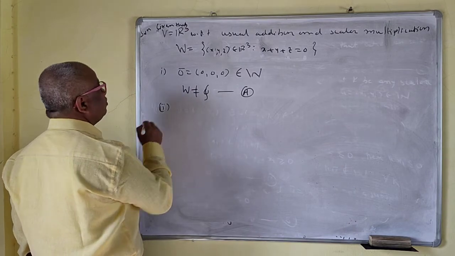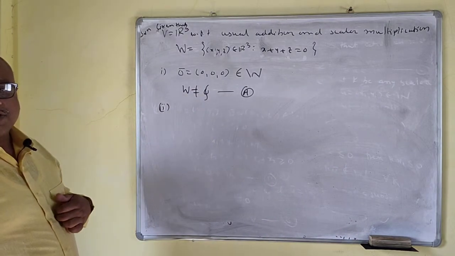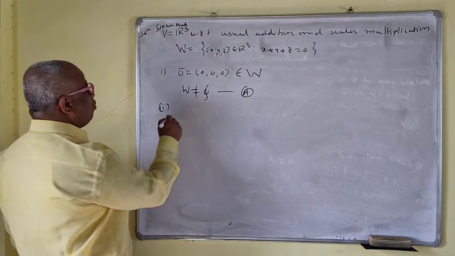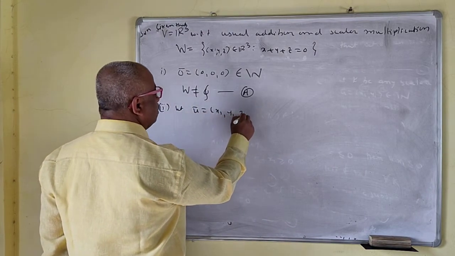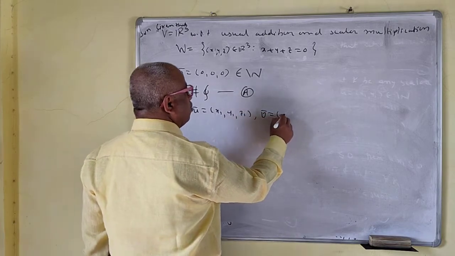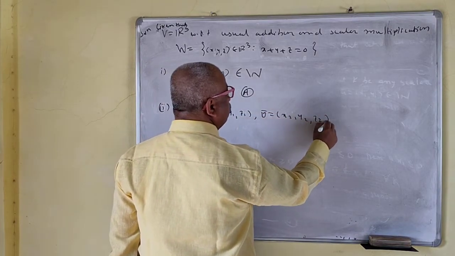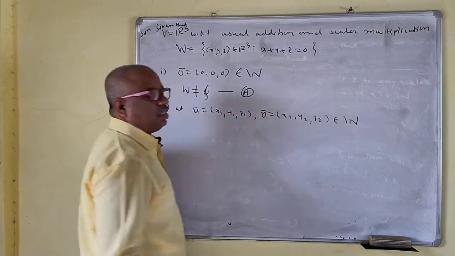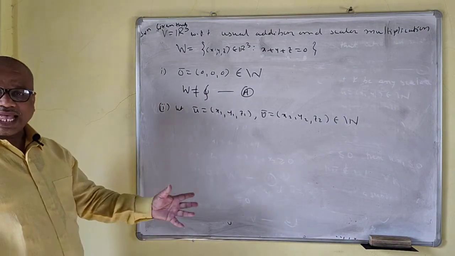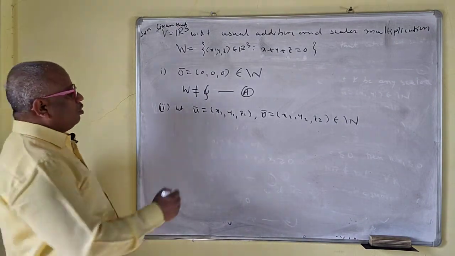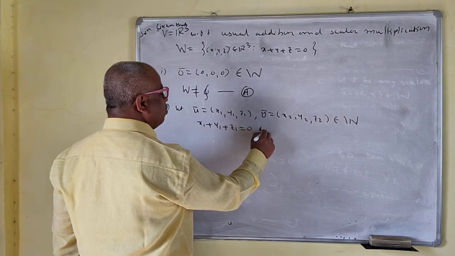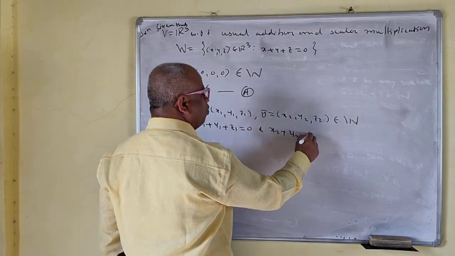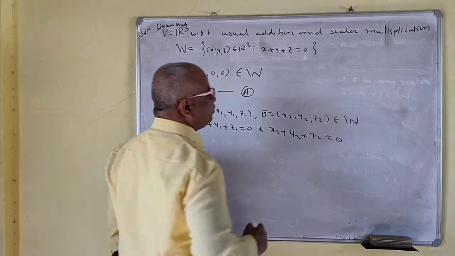Second, we'll take two vectors from W. So let u bar is equal to (x1, y1, z1) and v bar is equal to (x2, y2, z2) belong to W. These are two vectors in W, that means they satisfy the condition of W. So x1 plus y1 plus z1 is equal to 0, and x2 plus y2 plus z2 is equal to 0.